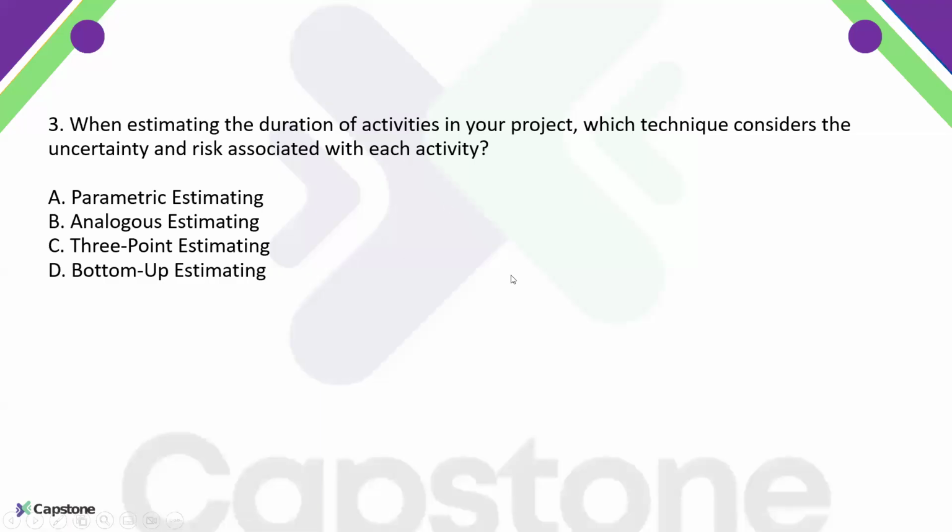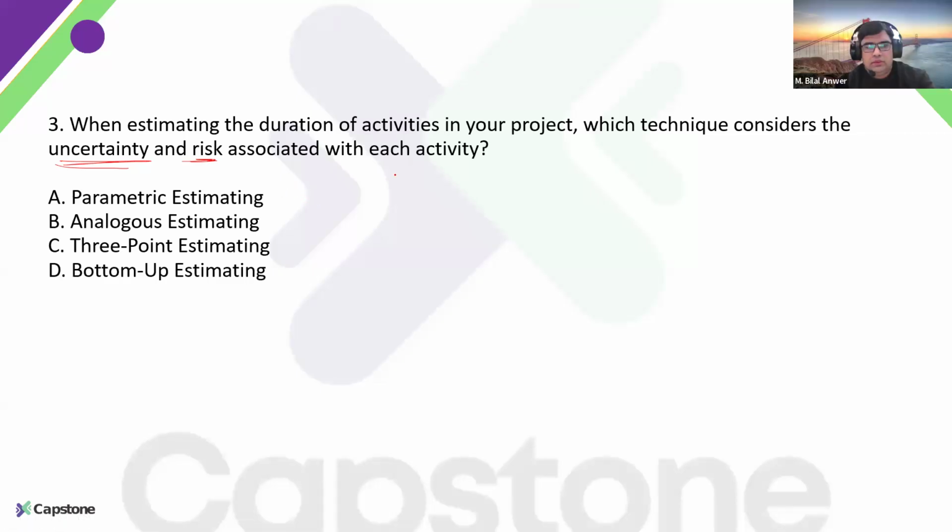Okay, so the majority of you have given B and two Ds. So let's ask anyone why you think B is the answer. These two were the important terms here: uncertainty.